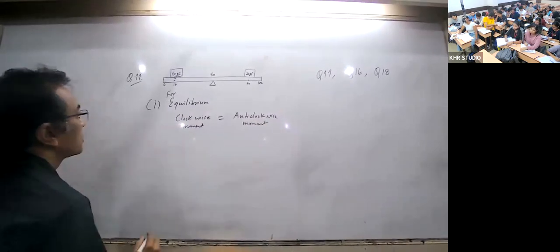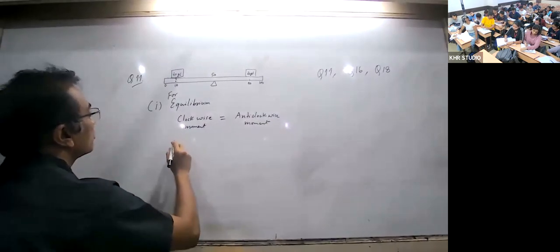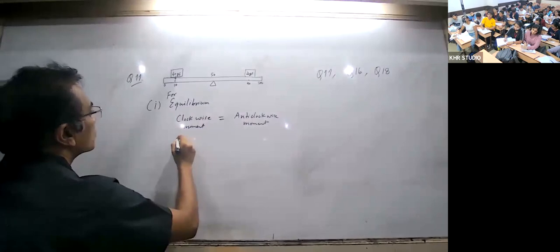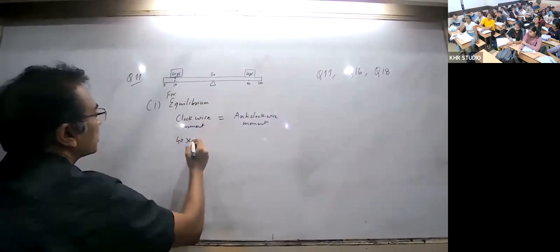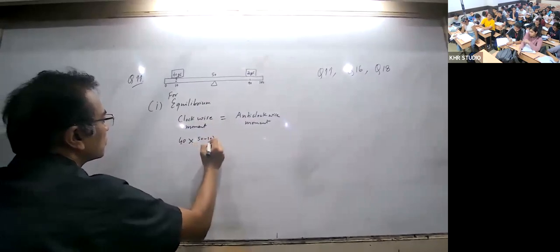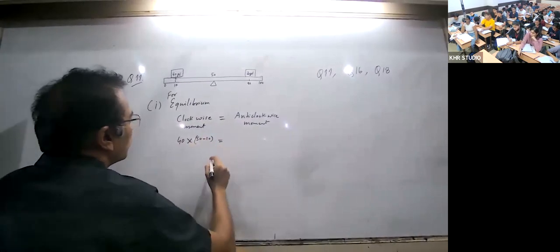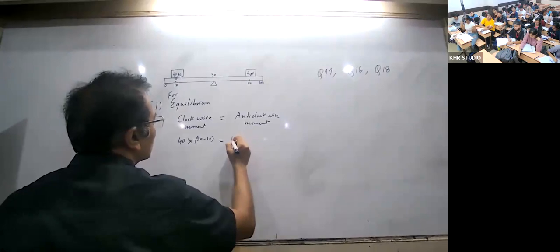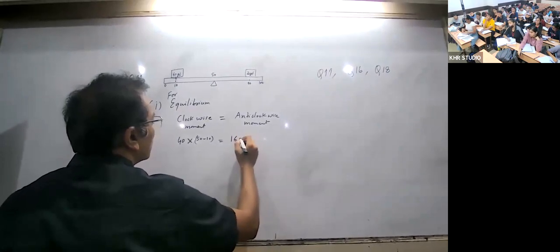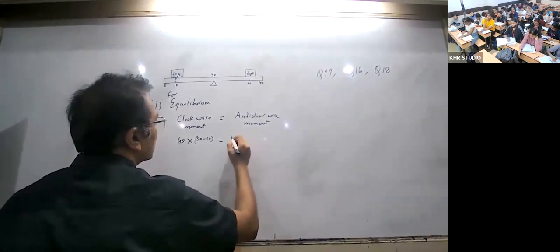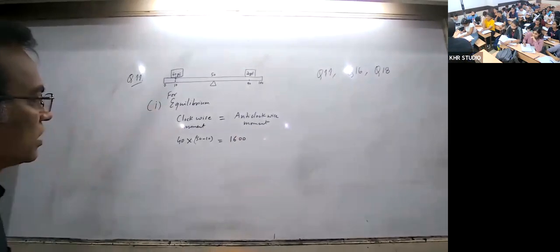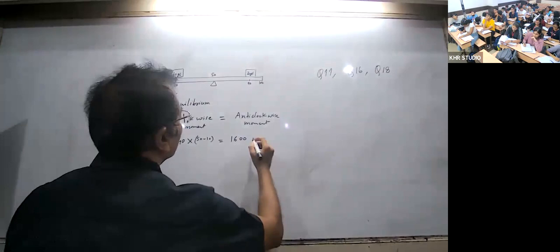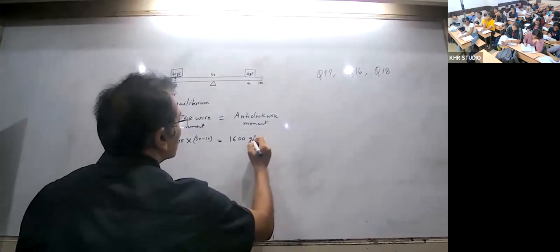So let's check first. What is the anti-clockwise moment? 40 into 50 minus 10, which is equal to 1600 gram force centimeter.